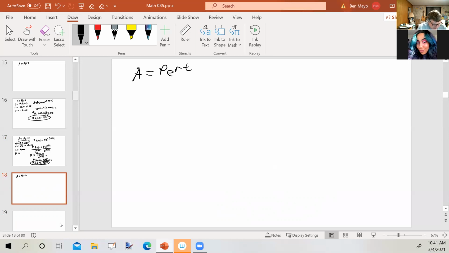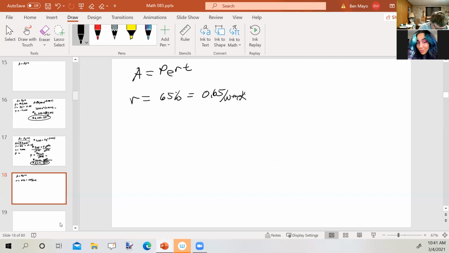So R is 65%, which is 0.65, and that's per week. Now, previous problems were per year, but this is per week.